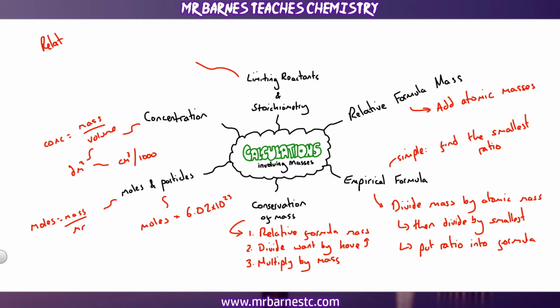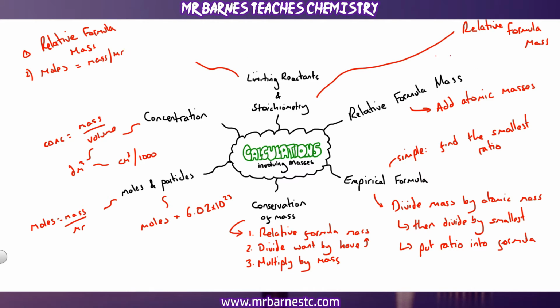And then both your limiting reactants and stoichiometry, the first steps are the same, so for both of them, work out the relative formula mass. Work out the moles, which is mass divided by your formula mass. And then for your limiting reactants, the smallest number is your limiting reactant. That's it. That's where you stop. But for your stoichiometry, you need to divide by the smallest number. And then that ratio is the numbers you put in front of your chemicals to balance it.